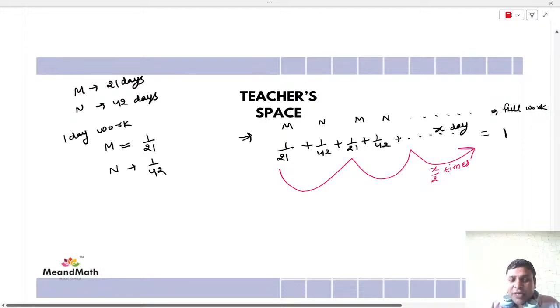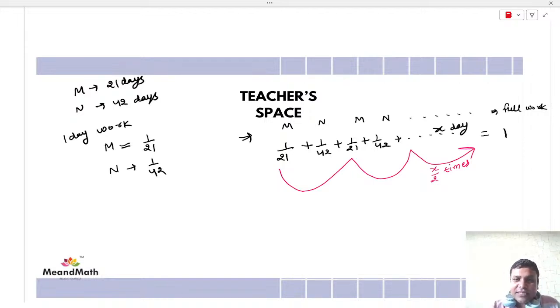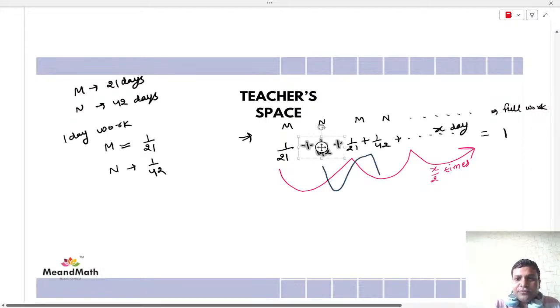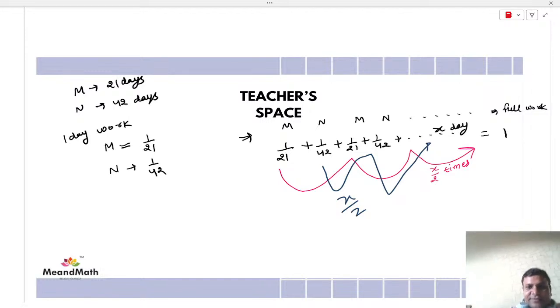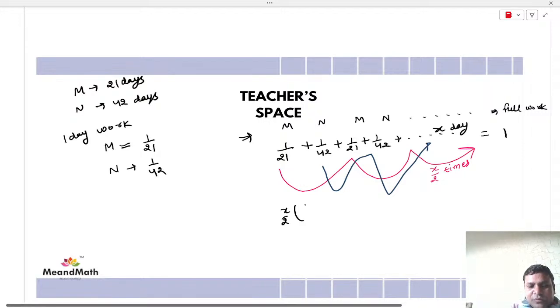In X days, 1 upon 21 is coming alternately, so it's coming in half the days. Similarly, 1 upon 42 is coming for X by 2 days. So in the simplest form, can I write X by 2 into 1 upon 21 plus 1 upon 42 is equal to 1?